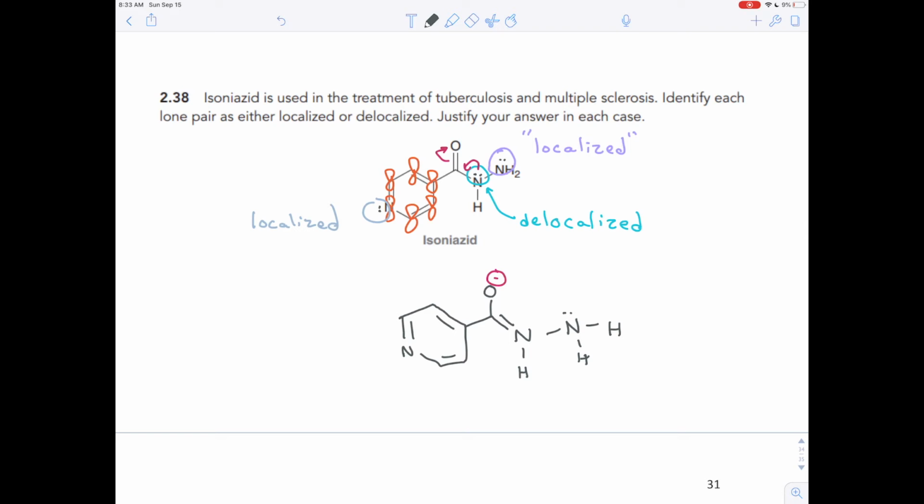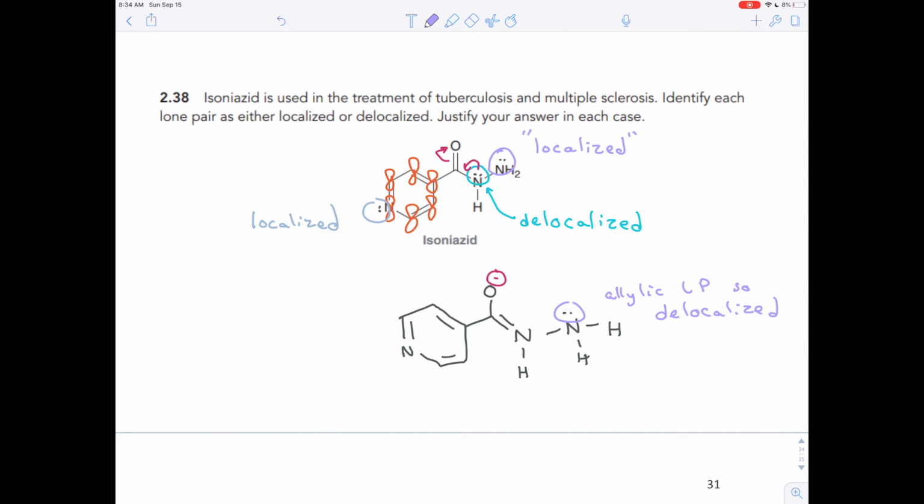And so technically, those are able to exist in a p orbital that's parallel to the p orbitals here, and that's parallel to the p orbital in that oxygen, so that all these electrons just spread out over these bonds. So technically, that lone pair on the nitrogen would be delocalized in that case, because here it's allylic. So delocalized. So either one I would accept.